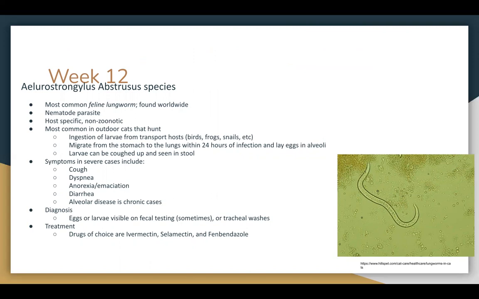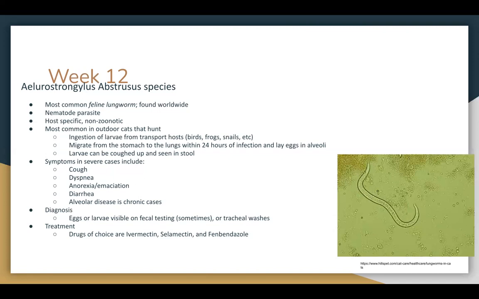It's most common in outdoor cats that hunt and eat wildlife, so things like birds, frogs, snails, etc. Infection happens when they ingest the actual worms. And once the worms are ingested, the larvae do travel to the lungs within 24 hours and begin to lay eggs in the alveoli of the lungs.